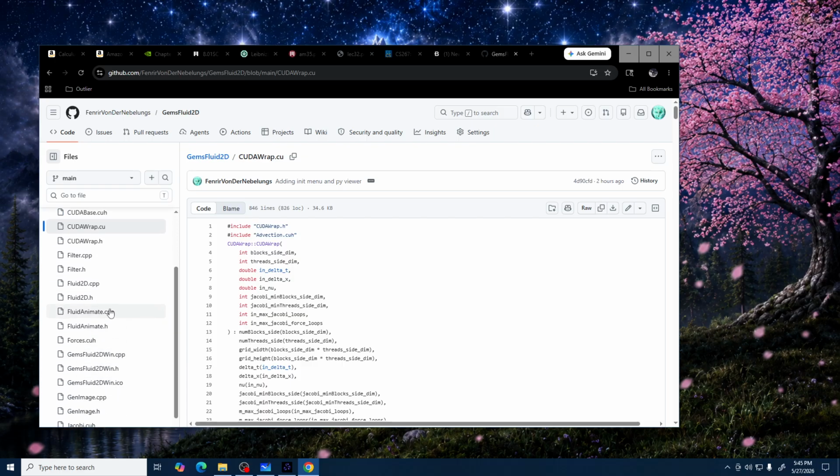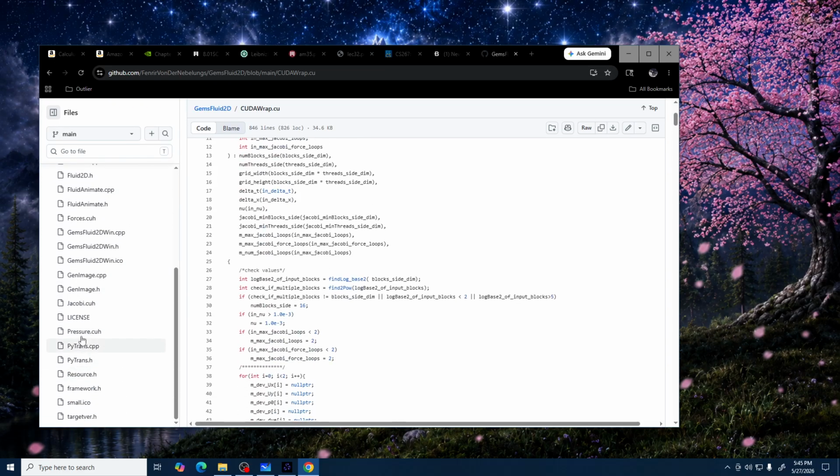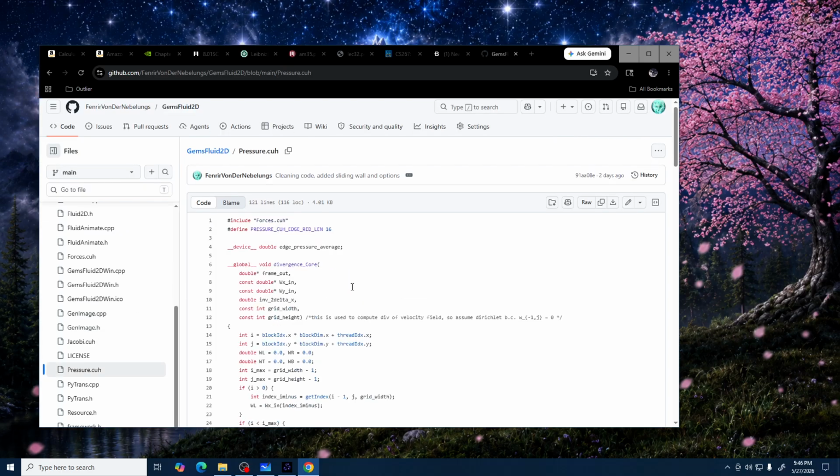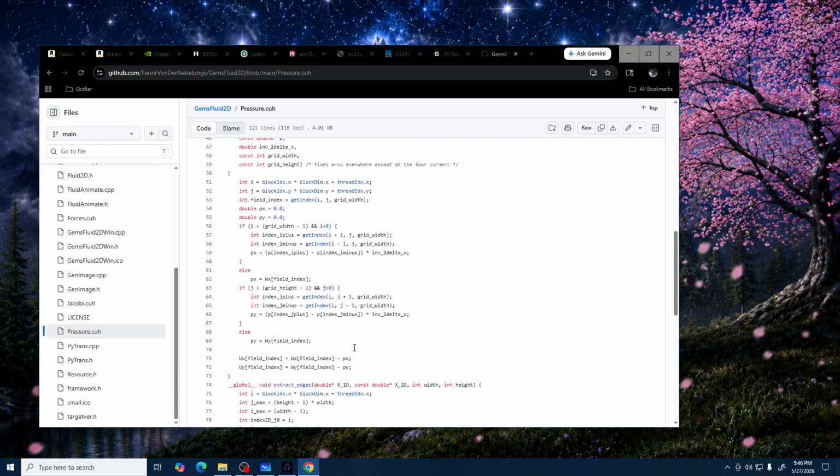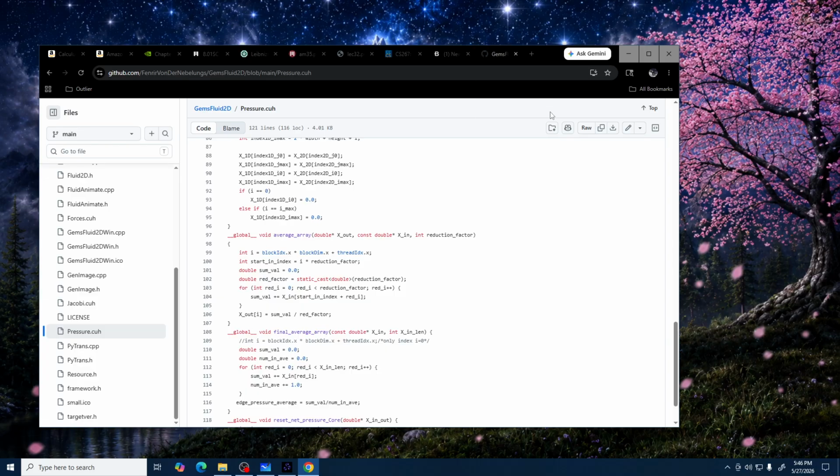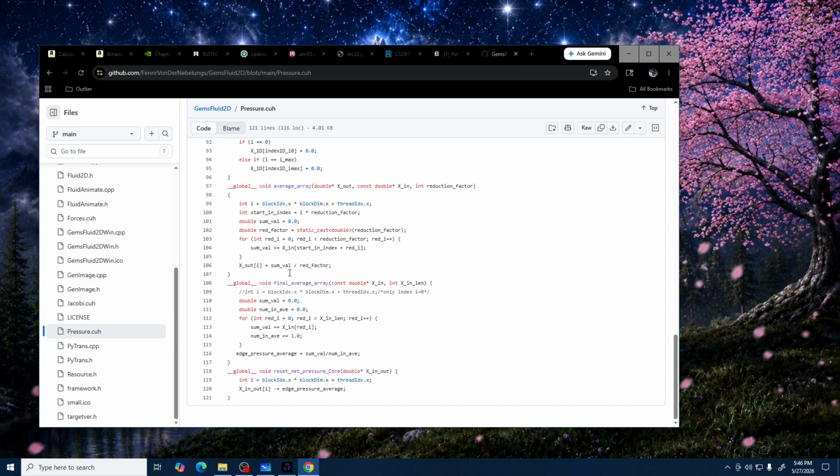So let me see if I can show some actual CUDA code in here. Yeah, so this is the CUDA stuff. A very simple implementation of CUDA, probably not the most efficient, however, it does at least work. And it uses the graphics card, so it's much faster than running this on a CPU.